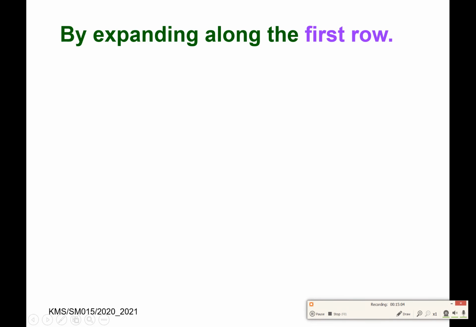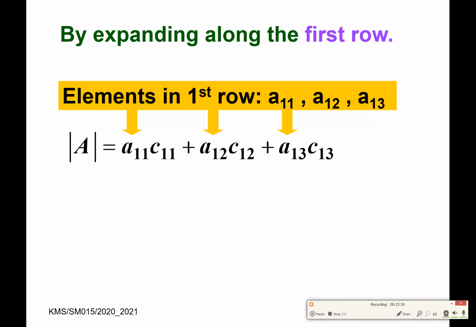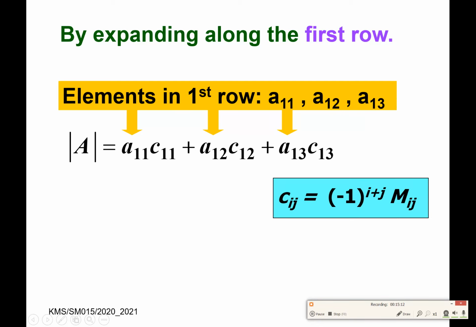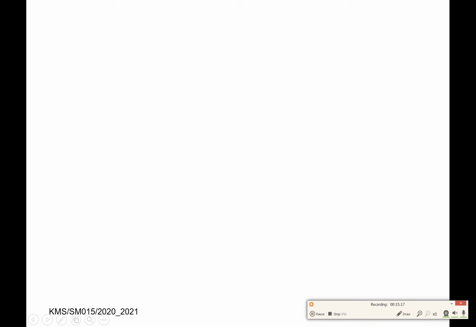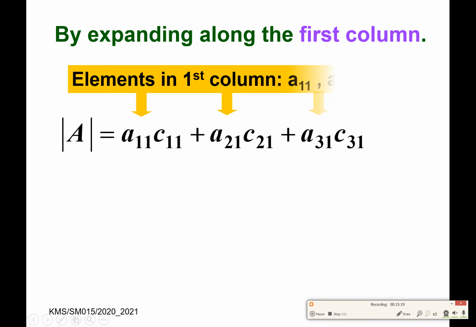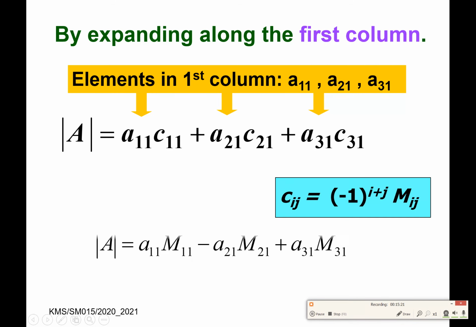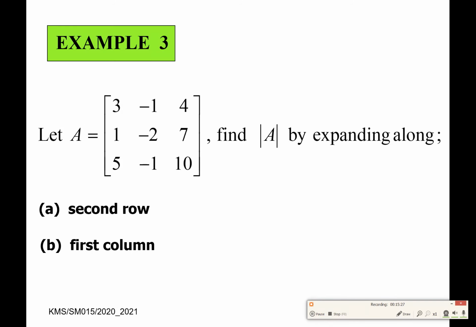Okay, so we can find the determinant by expanding along the first row like this. Okay, after this we try to show the calculation. We go through this first by expanding along the first column. Okay, still maybe not very clear of this, but when we look to our example, inshallah we will clear about this.